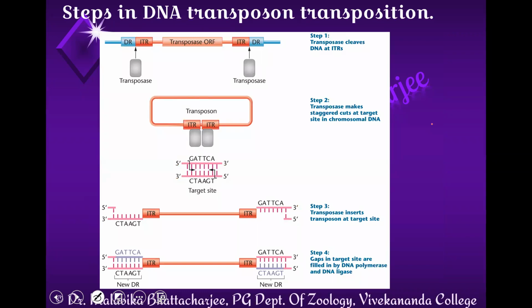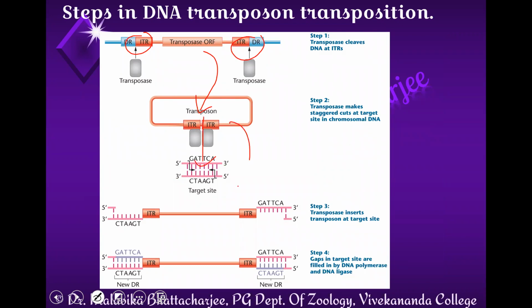Once more, just to recapitulate, to summarize what we have learned, as you can see, these are the direct repeats and the inverted repeats. So this is where the transposase enzyme cuts the DNA element that will jump, and you can see the formation of the transposome complex that we studied.